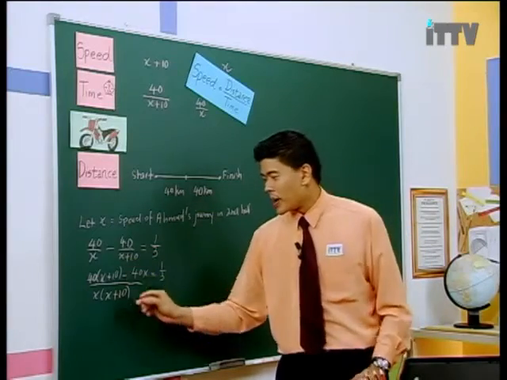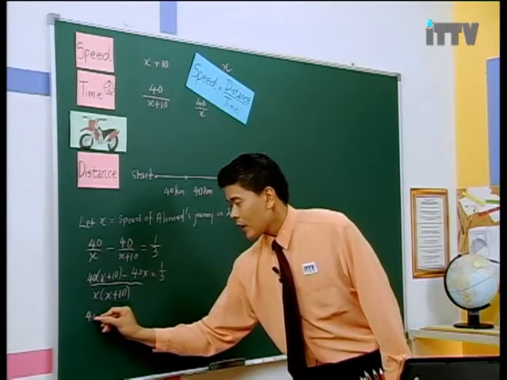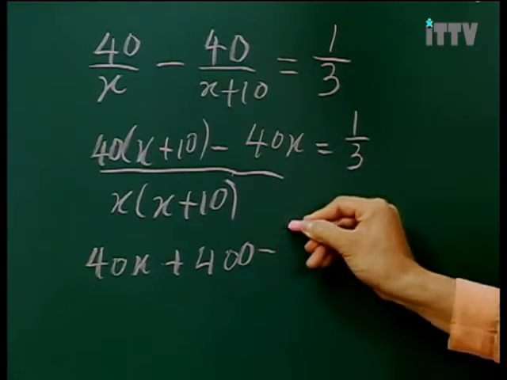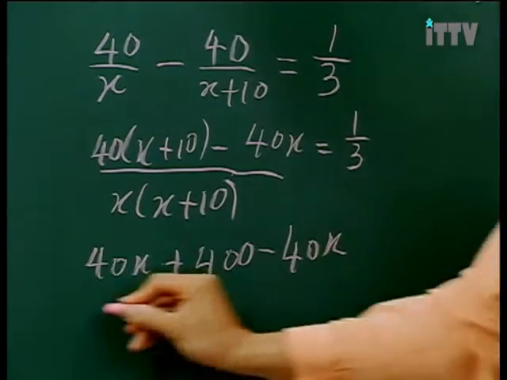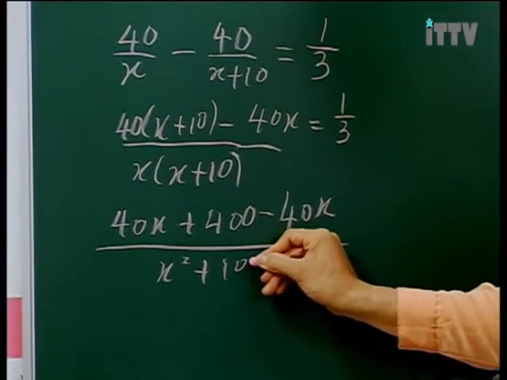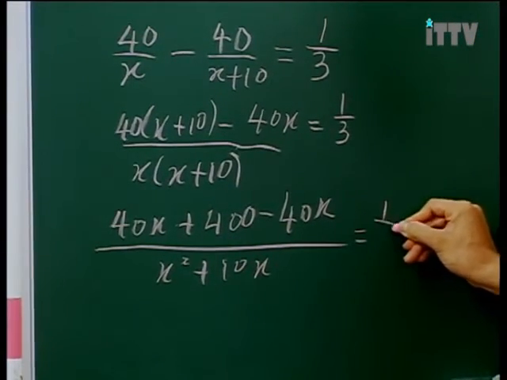Alright, now let's open the bracket and simplify it. 40x plus 400 minus 40x over x squared plus 10x gives you 1/3.